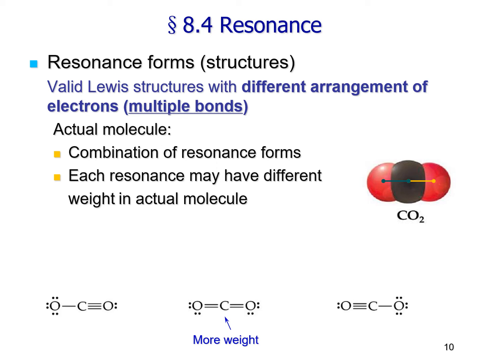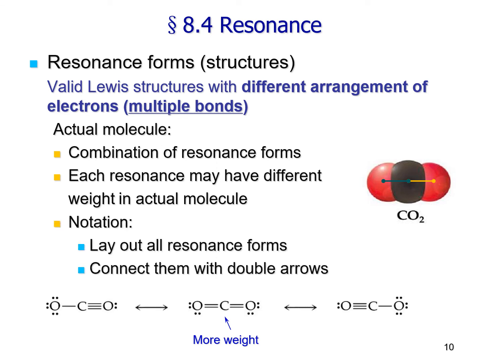Because the single bond and triple bond might have some difference in the length or the distance between the centers of the pair of bonding atoms. So that is a very good example for us to realize the resonance forms could have a different weight in the actual molecule.